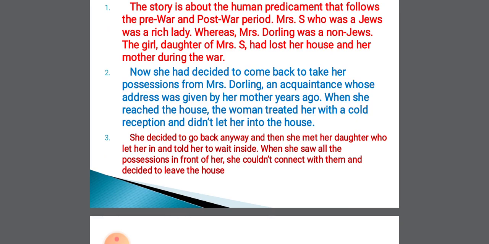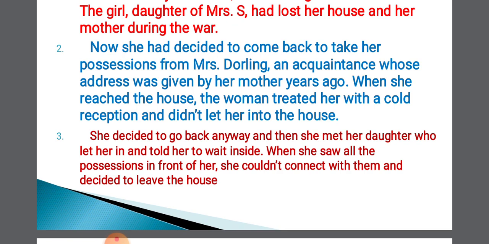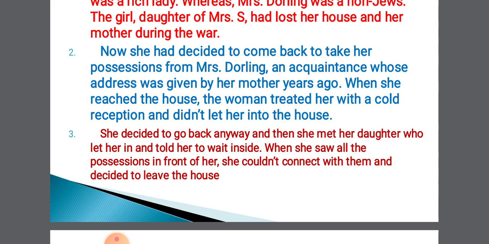Because if she allowed her to enter her house, then the narrator would recognize her possessions, and automatically Mrs. Darling would have to hand over those things. Due to that fear, she didn't want to lose those belongings, isn't it? So that's why Mrs. Darling didn't want to receive her, and didn't want to treat the narrator nicely.